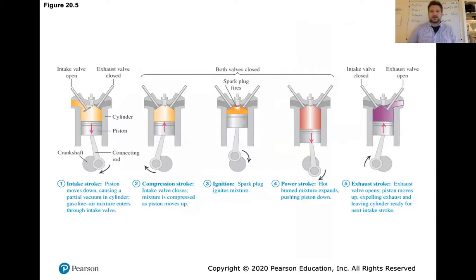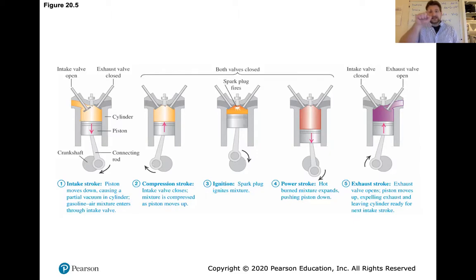This is a sort of a conceptual picture of what's going on. The intake valve is open in step 1, and we're bringing a fuel mixture into the cylinder. The fuel is brought in by the partial vacuum that's created when the piston is expanding due to the rotation of the crankshaft. It's pulling that piston down, which creates a partial vacuum which pulls the fuel mixture in.